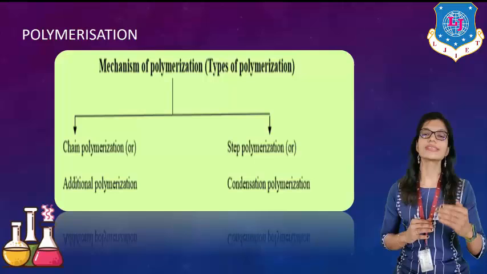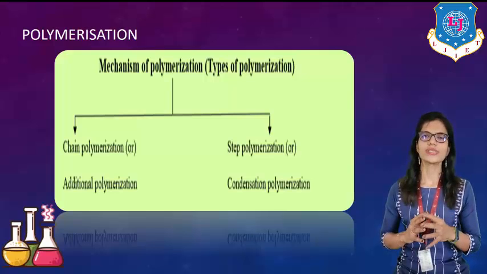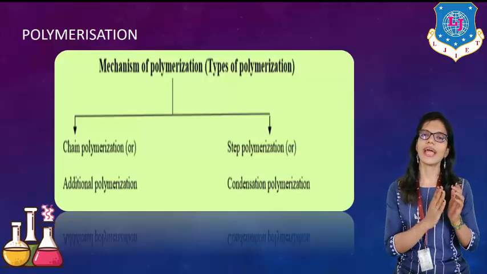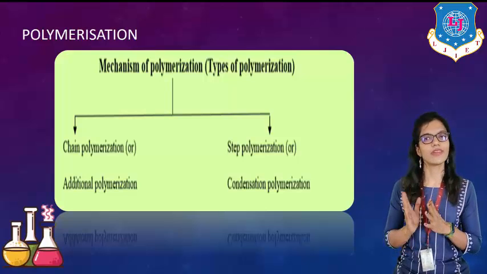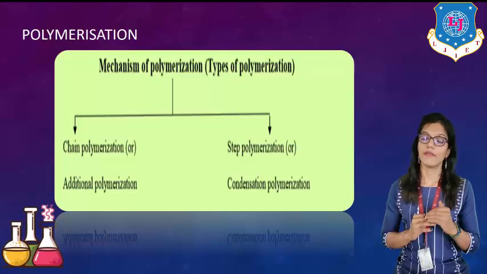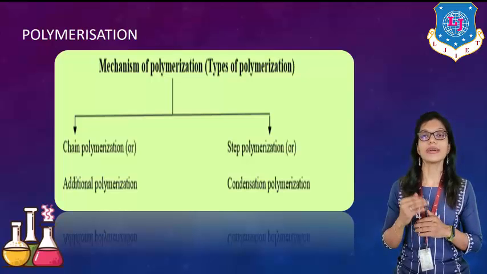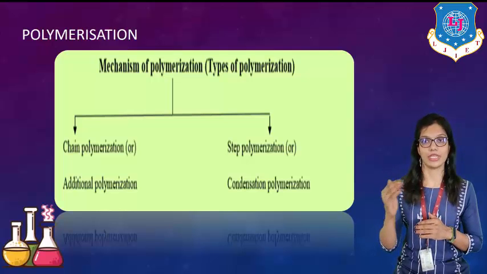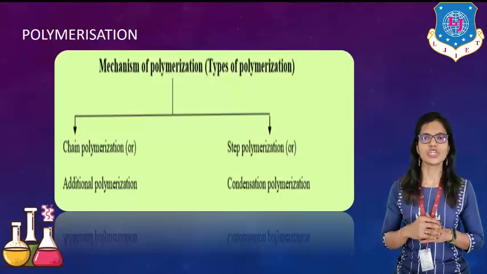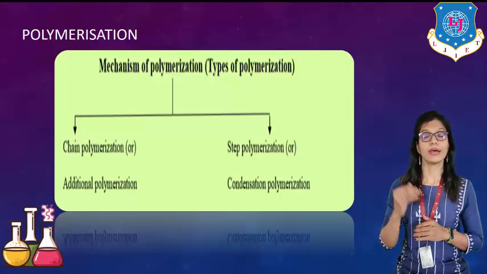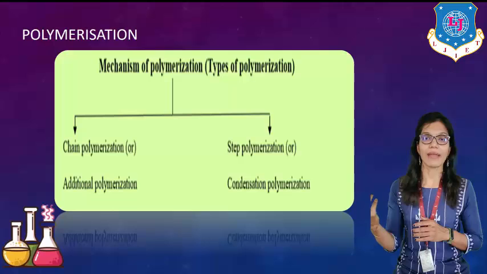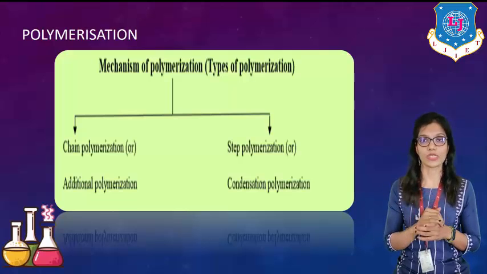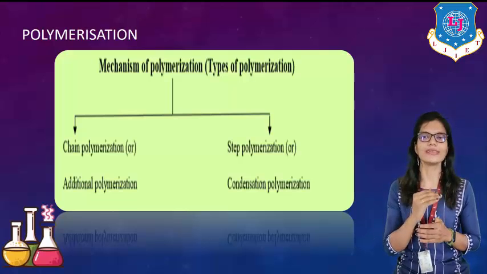Second one is a step. So I should say that one is an addition one. We just have to add the monomers. Nothing will be removed. While the second one is a condensation polymerization. Condensation polymerization means certain small molecules are released or formed during the process of polymerization.